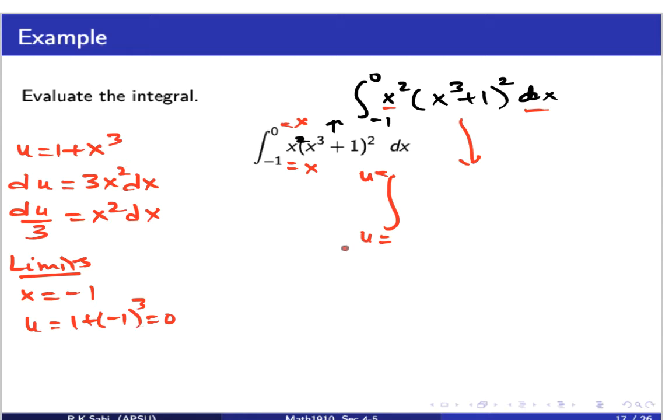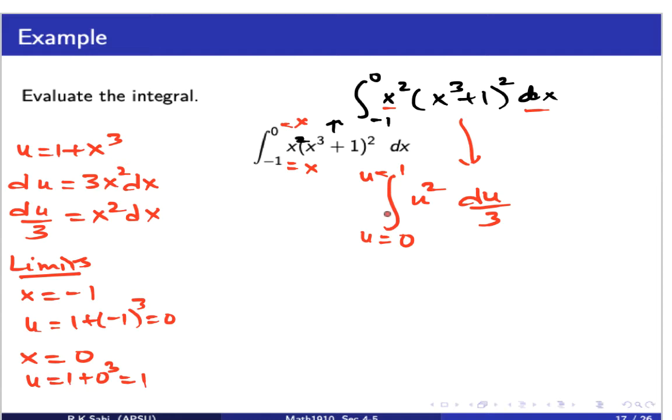Okay, that means when x is -1, u is 0. On the other hand, when x is 0, what is u? U is 1 plus 0 cubed, which is 1. And inside is the same as we have been doing so far. So x squared dx would be now du over 3, and x cubed plus 1 would be now u squared.